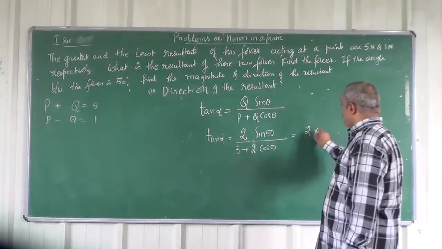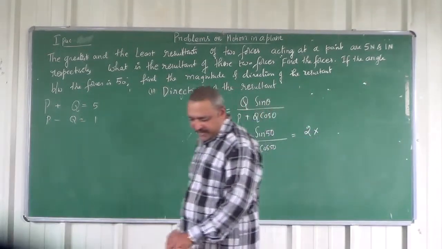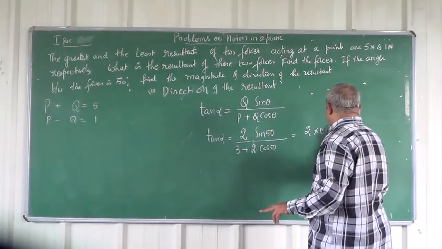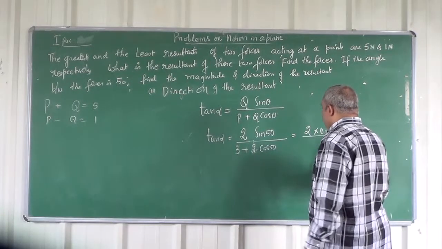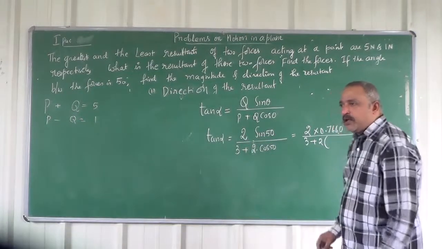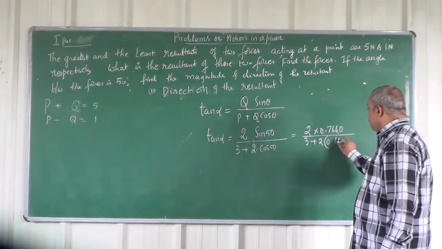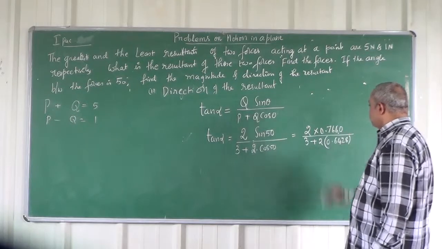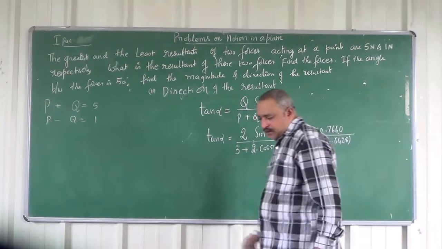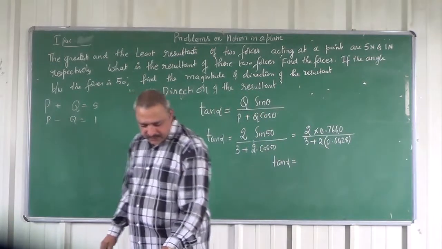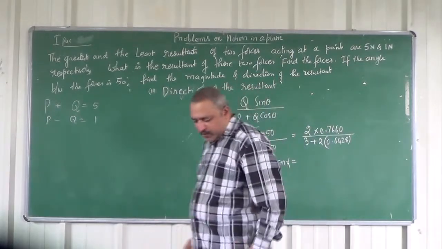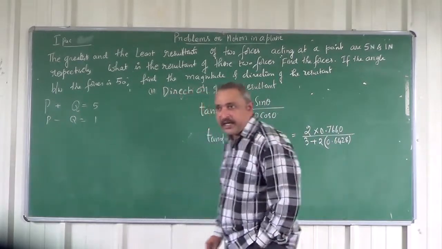Tell me the value of sin 50 degrees. 0.7660 over 3 plus 2 into cos 50, which you told is 0.6428. So tan alpha on simplification becomes: numerator 1.532, correct?